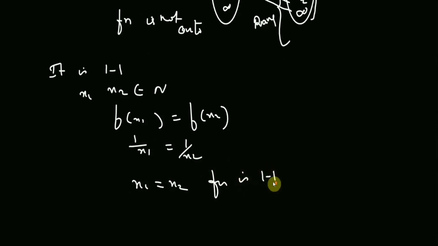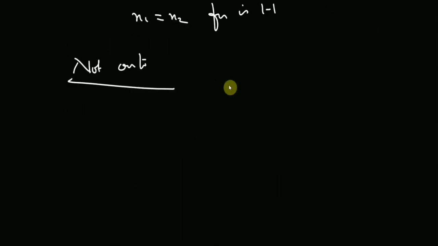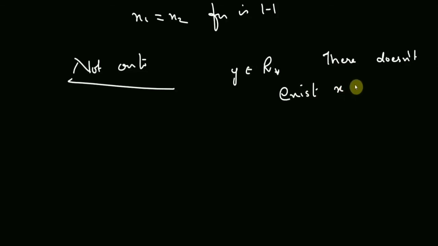It is not onto. What is the reason? When you take a y belongs to R asterisk, you cannot find an x. What is x actually? 1 by y, because x belongs to N, and 1 by y is not a natural number.